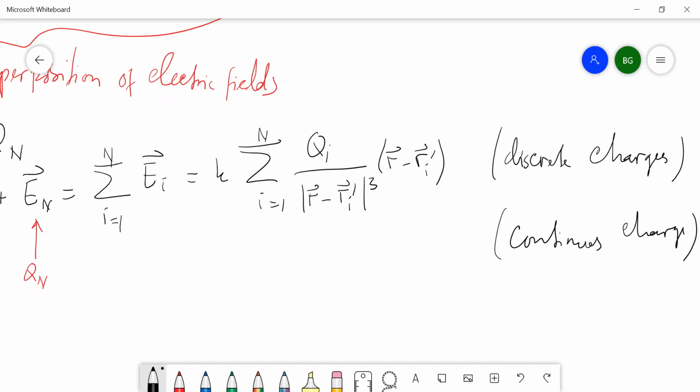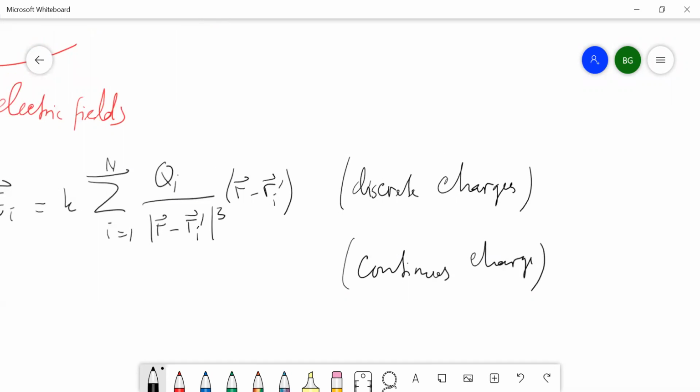Which one in nature is more physical, discrete charges or continuous charges? What do you say?